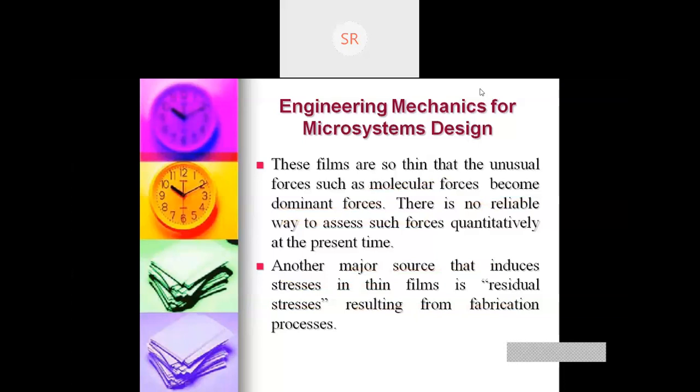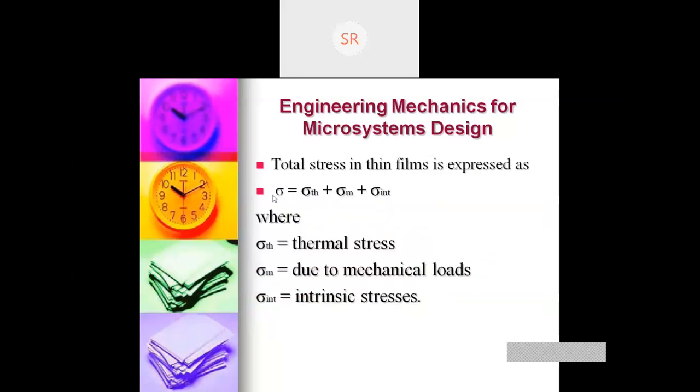So what I do is I calculate using an empirical formula for the stress in the thin film. The stress falling onto the thin film is sigma equal to sigma Th plus sigma m plus sigma int.